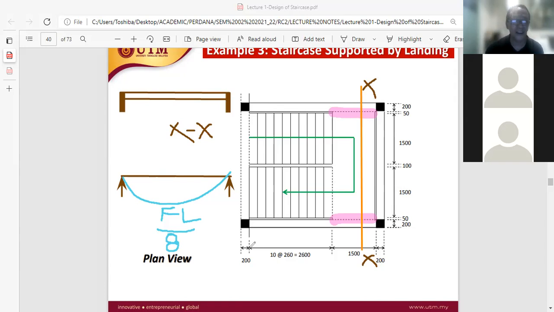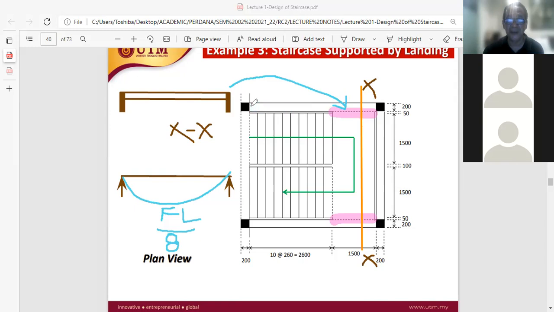We have beam at either ends of a landing, okay? And this is to show that the landing is being supported by beams. If we were to have a look at the dotted line, this tu menunjukkan there is a direct connection between the beam at both ends of the landing, okay, pada kedua-dua hujung landing ni, that is directly connected to the landing, making this particular beam, okay, beam yang di sini sebagai our support.